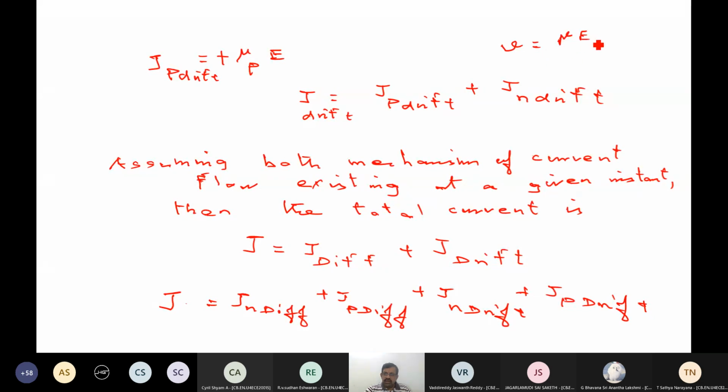So E is volt per centimeter and V is centimeter per second. Which means the unit of mu goes to the other side, numerator, centimeter square per volt second.